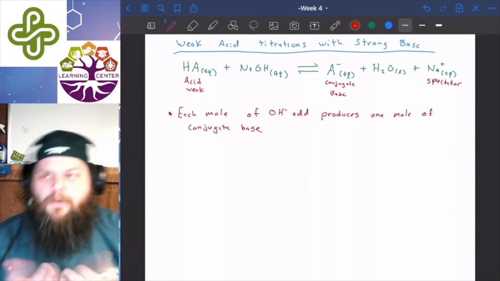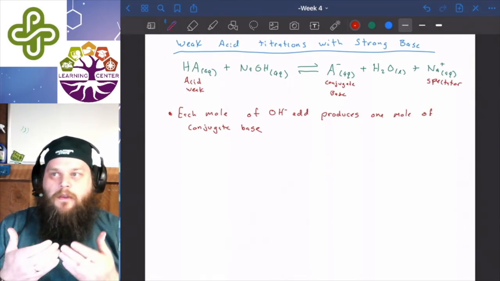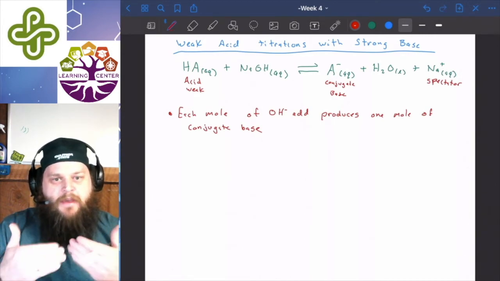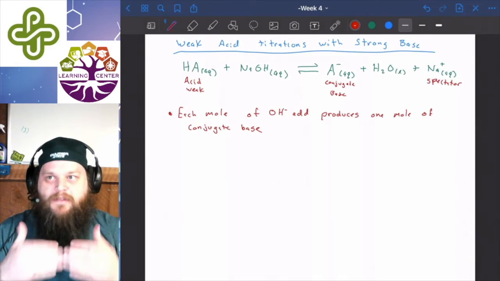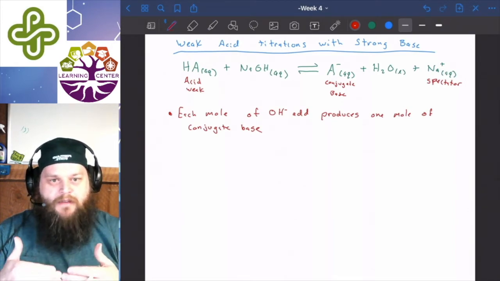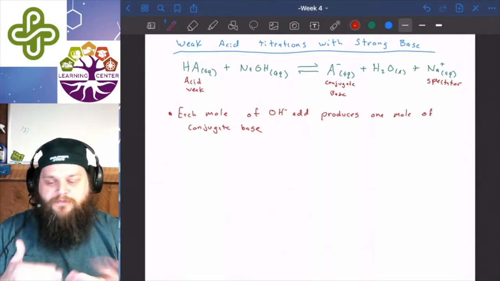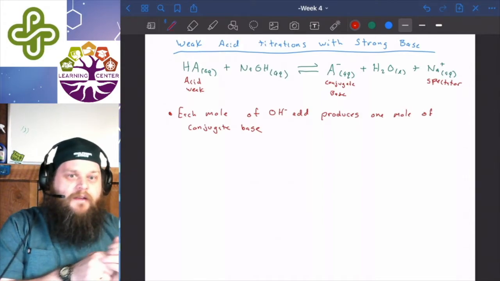So what's happening in here is we have this weak acid that's at equilibrium. It's happy. It's got some conjugate base in there as well, but it's got this acid in there, and we have this equilibrium state for that weak acid. When we add hydroxide to the reaction, some of the acid is like, hey, I'd rather bond to hydroxide.